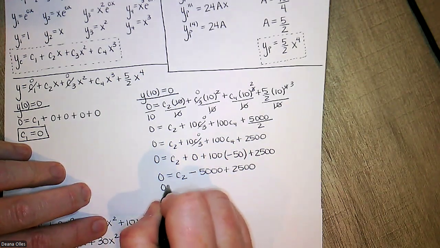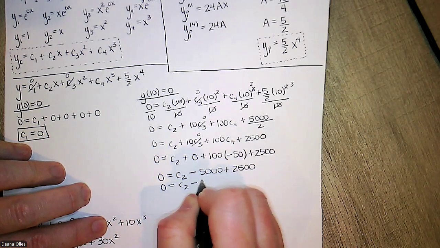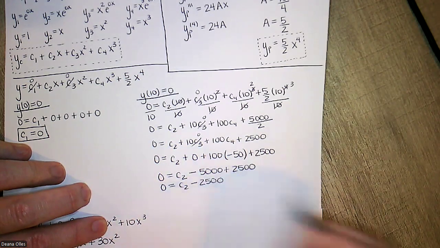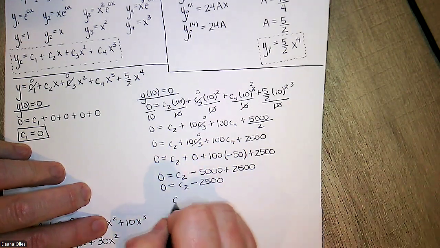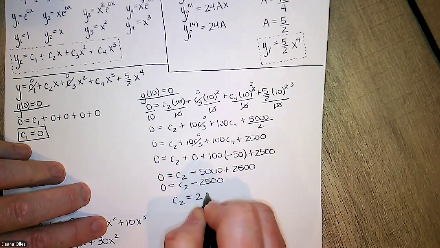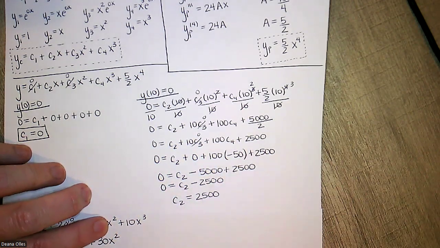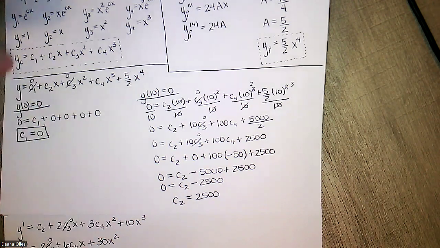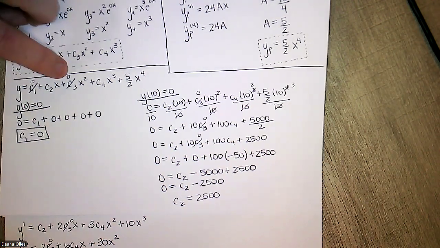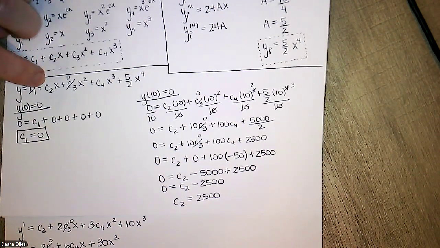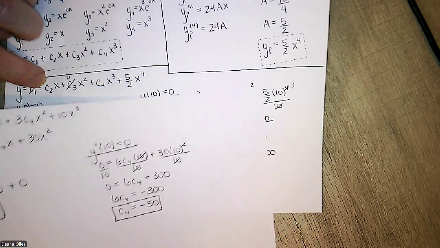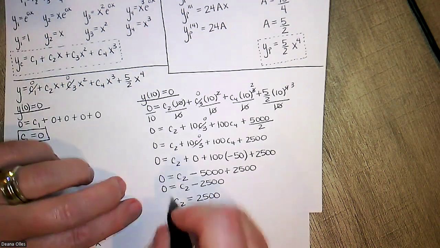Negative 5,000 plus 2,500 is negative 2,500. So if I add that to the other side, C2 is 2,500. So C1 and C3 zeroed out. C2 is 2,500 and C4 was negative 50.